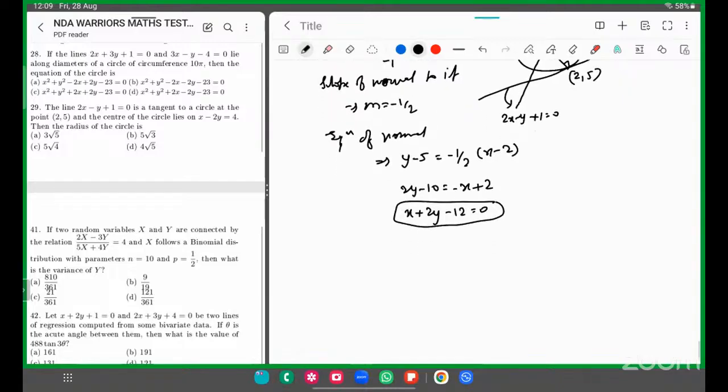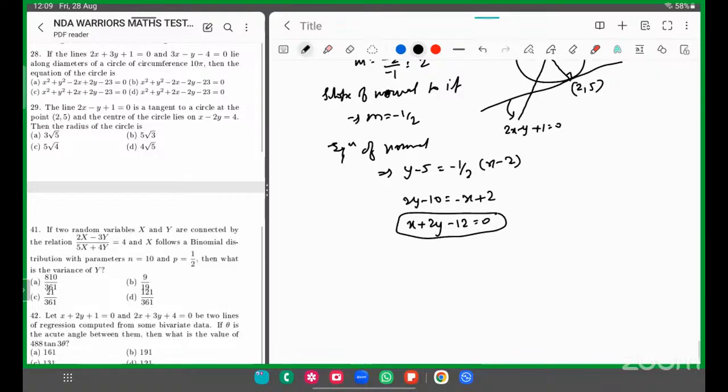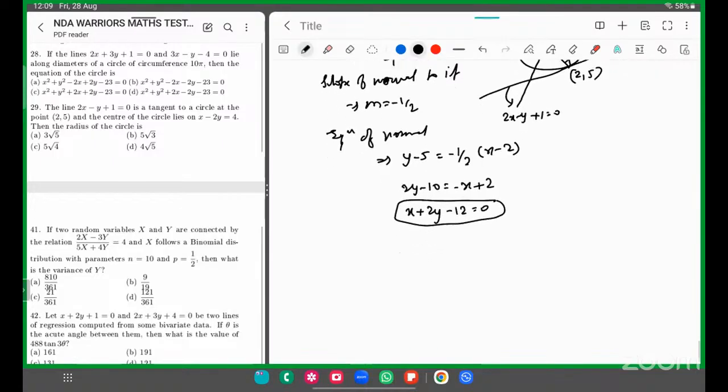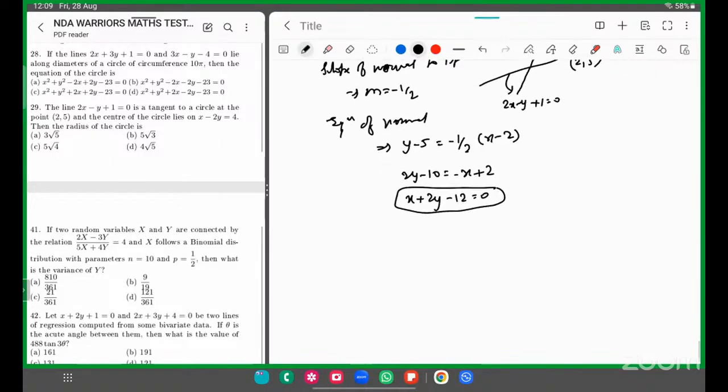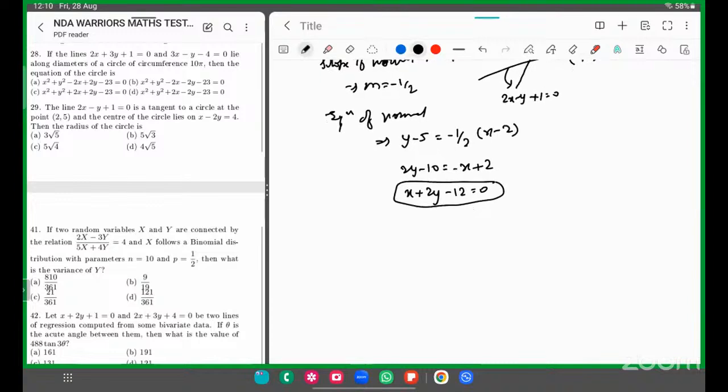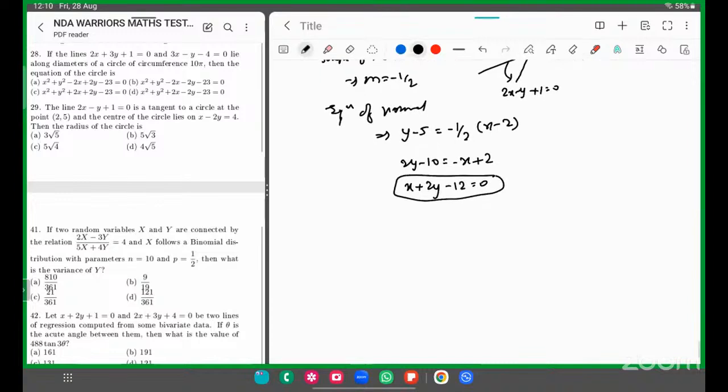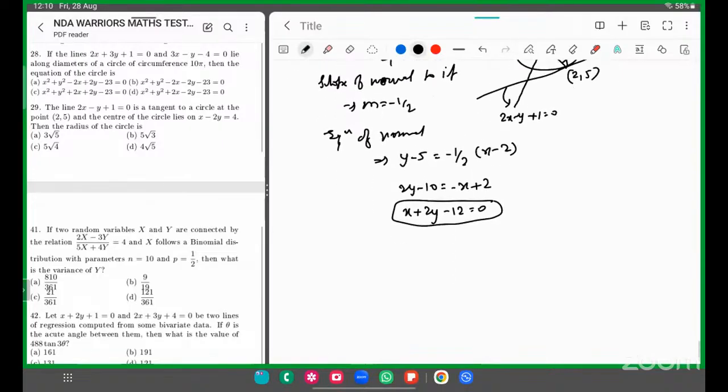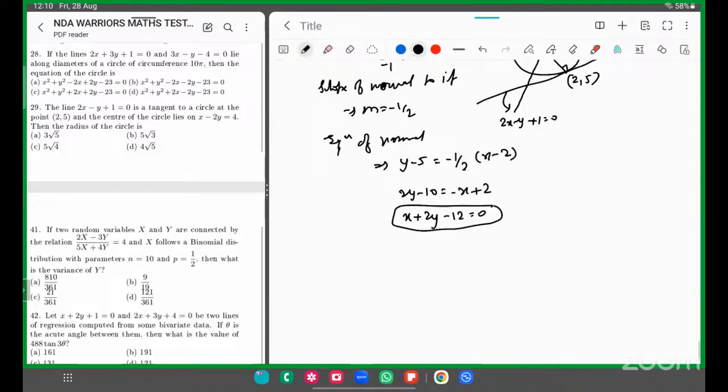Now solving this and the diameter, because this normal passes through the center of the circle. Now x plus 2y minus 12 is there and x minus 2y equal to 4 is the equation of the line passing through the center, x minus 2y minus 4 equal to 0.